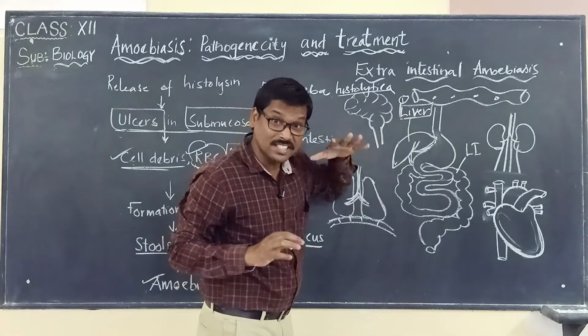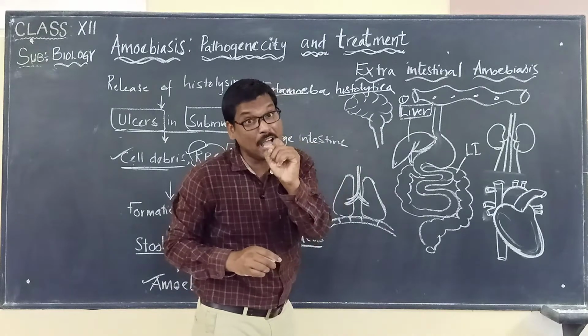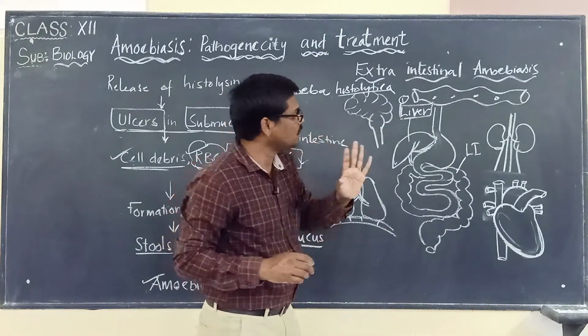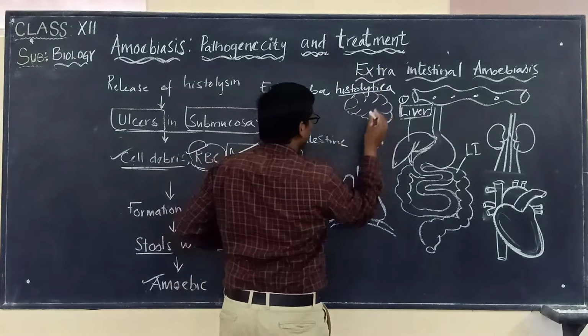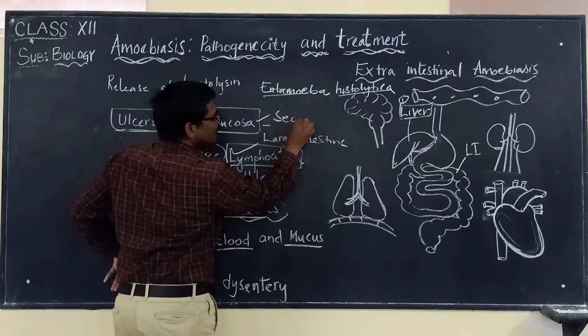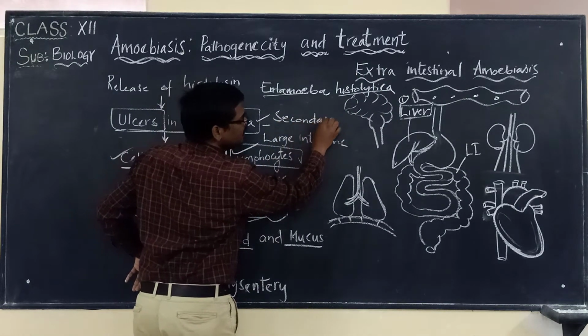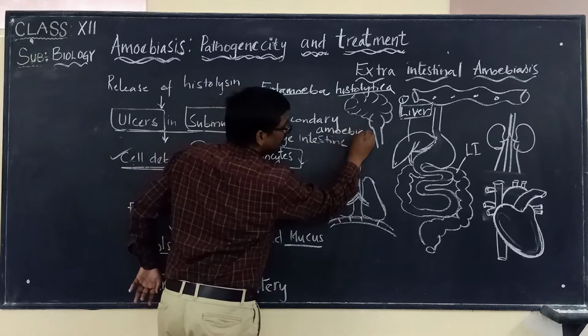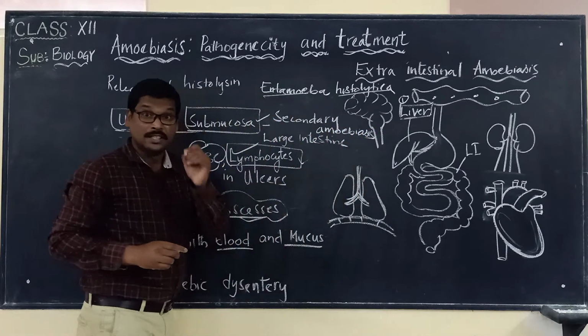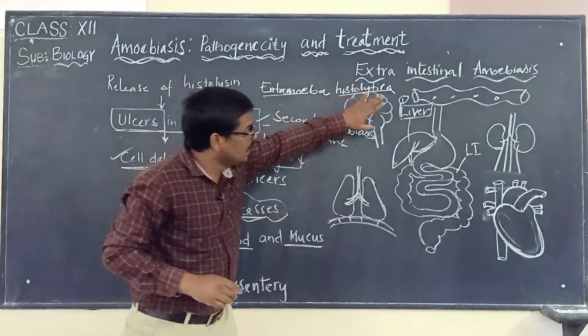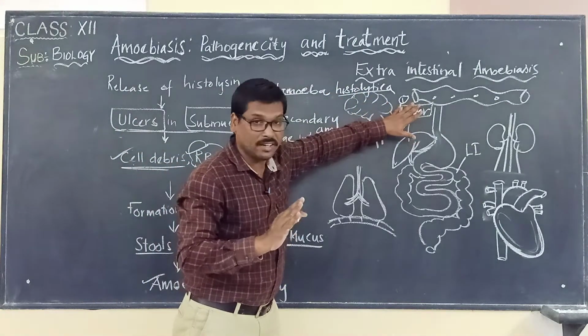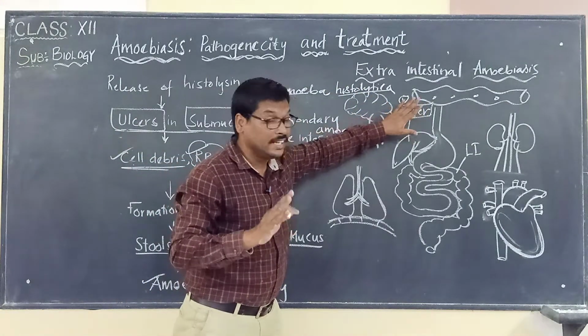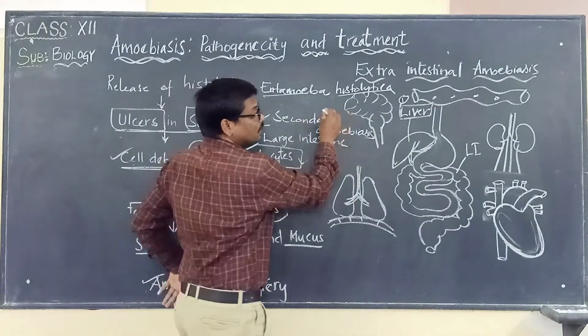In such cases we call this secondary amoebiasis. In such cases we call this what? We call this secondary amoebiasis. But apart from this, there are chances that leaving the liver, it can also attack the kidneys.